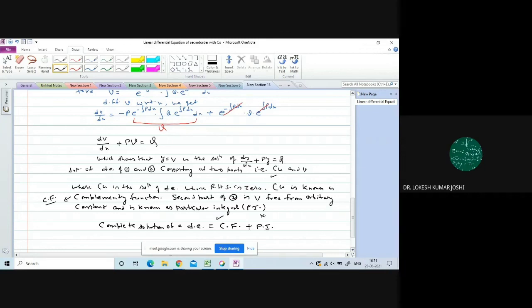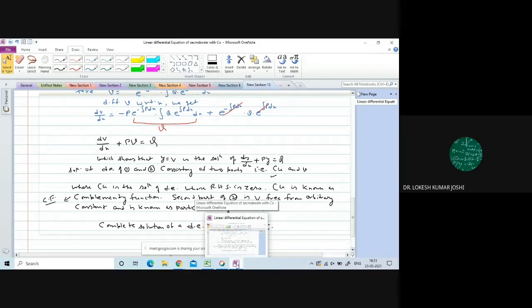There will be no PI. We find PI whenever there is some right hand side in a differential equation. In the next lecture, I will discuss methods for finding complementary functions.